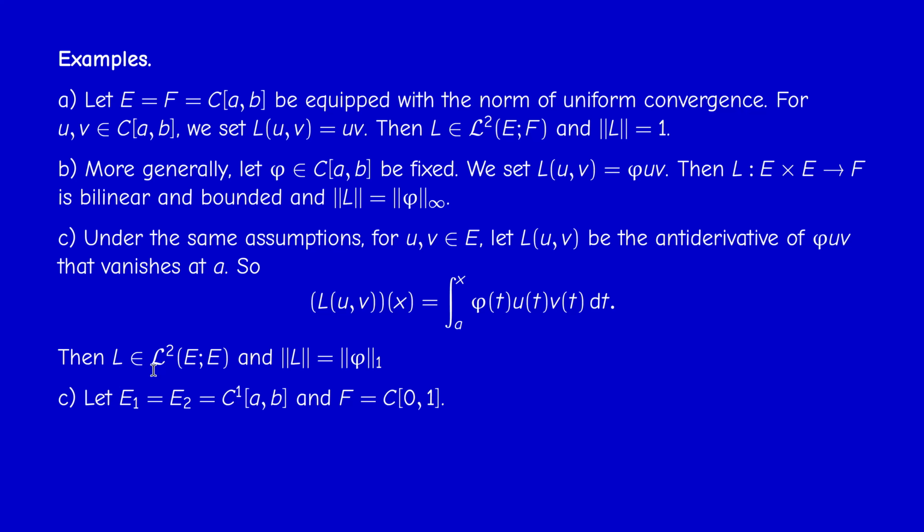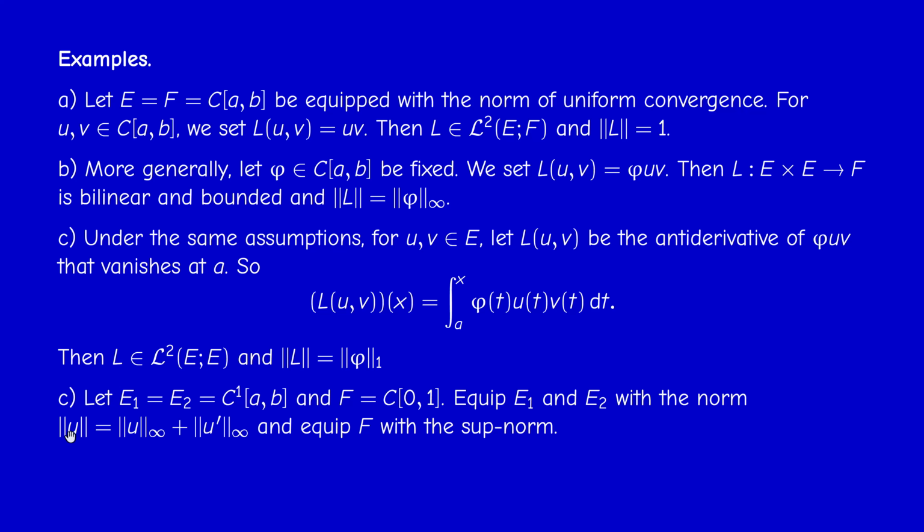And a last example, an example of the derivation operator. So we just take E1 equal E2 equals C1, the space of continuously differentiable functions on [a,b], and we equip E1 and E2 with the norm that you already encountered, the sup norm of u plus the sup norm of the derivative, and we equip F with the sup norm. And now we fix phi in C1 of [a,b] and consider the derivative of phi u v.